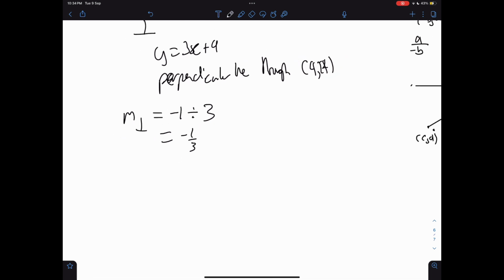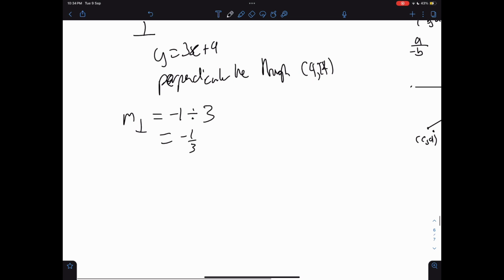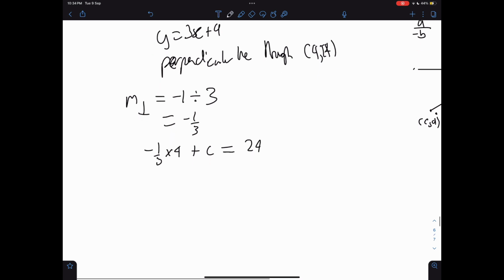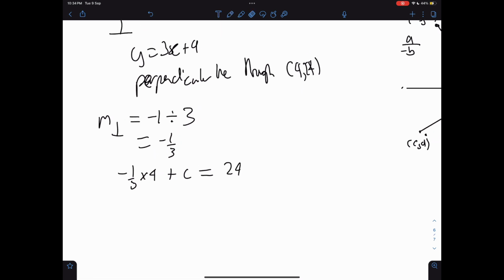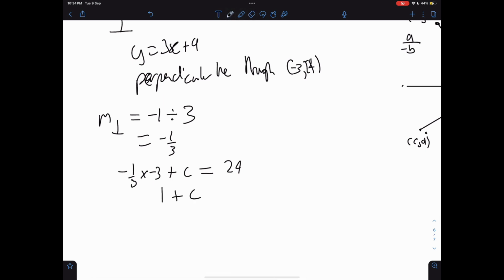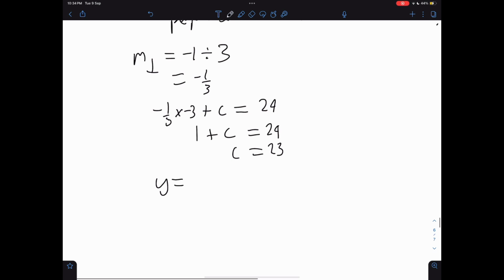And then you'd say -1/3 times 4 plus c equals 24. Oh, maybe I might just make that a nicer number. Let's do -3. It's -3, that's just 1 plus c equals 24. C equals 23. So y would equal -1/3 x plus 23.